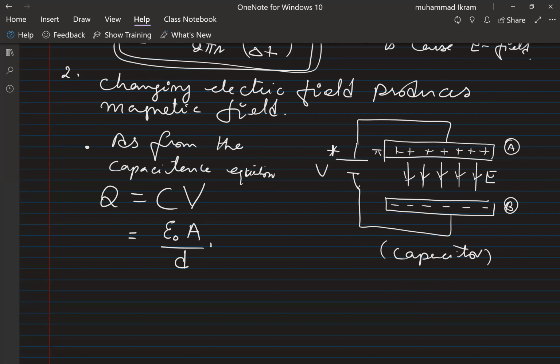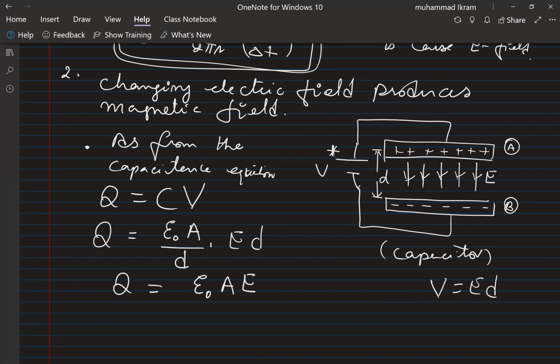If the separation between the plates is d and the potential difference is V, then V equals E into d. So the charge stored, Q, is epsilon naught A E. This is equation number 1.